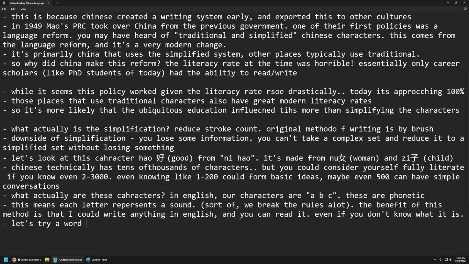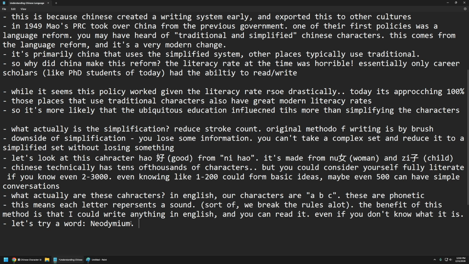So let's try a word, I shouldn't say it yet. So you should be able to read this word without me saying it, right? If you're a native English speaker, at least. So you probably can understand that it's pronounced neodymium. So how do you know that? If you've never seen the word before, well, you just sound it out by the letters.